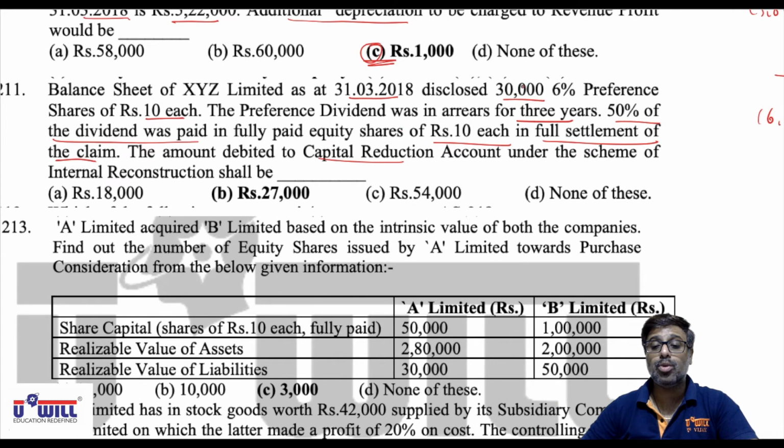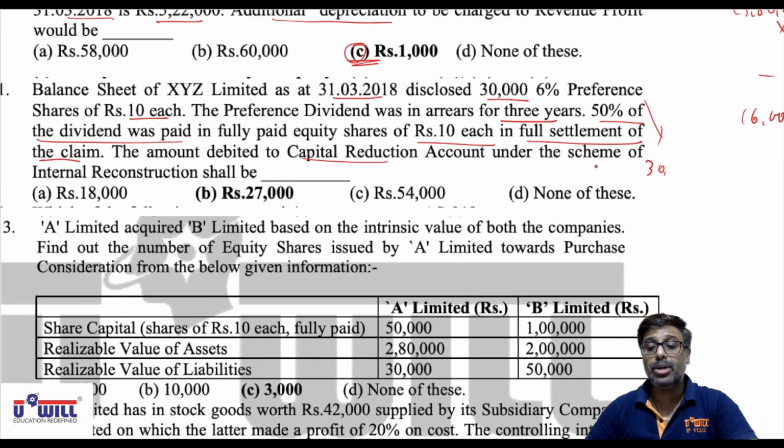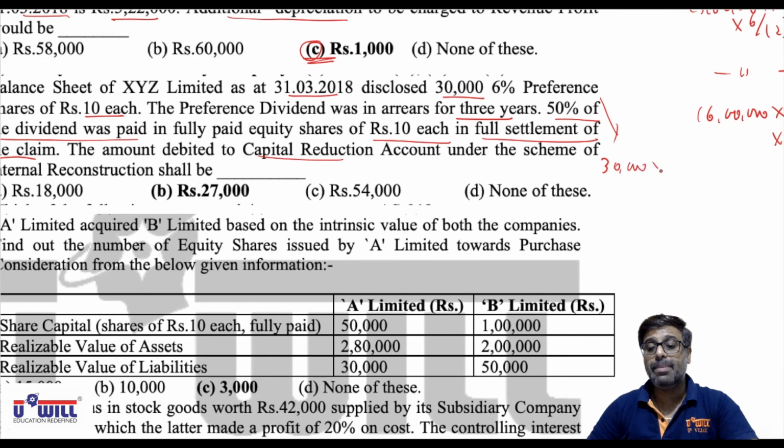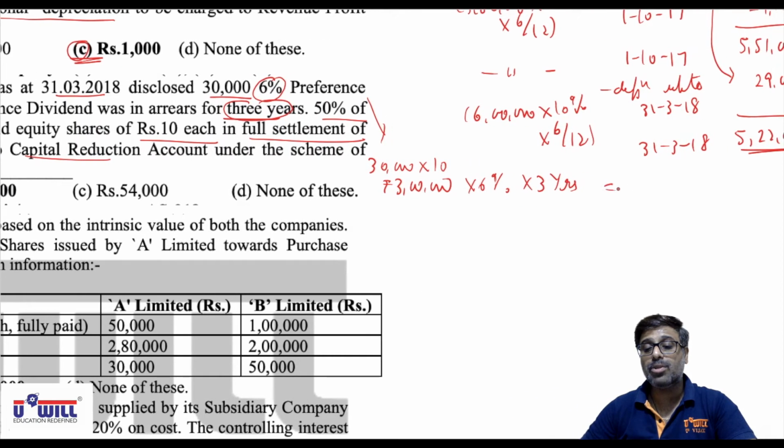First of all, let us find the total dividend. 30,000 into 10. The preference share capital is rupees 3 lakhs. Okay. In that 6% is the rate of dividend, and for 3 years it is in arrears. So 3 lakhs into 6%, 18,000 into 3 years, 54,000 is the amount of dividend in arrears.